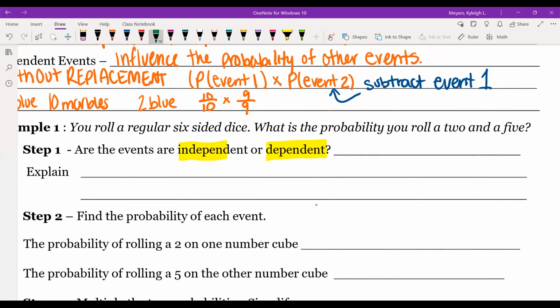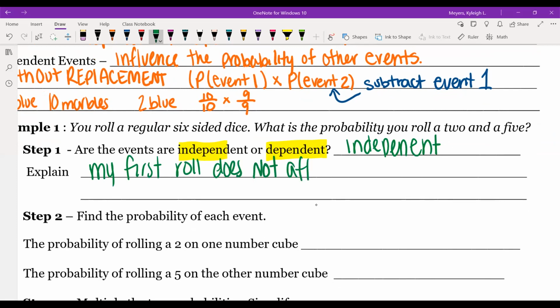Hopefully you're thinking no, so it's independent. My first roll does not affect my second. I could roll a 2 both times, but it doesn't change based off of my first roll.